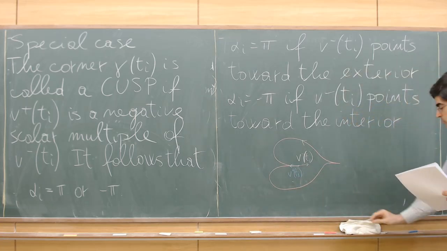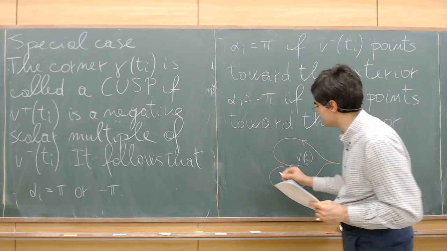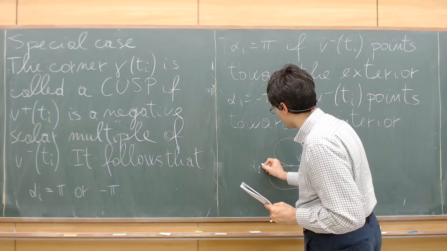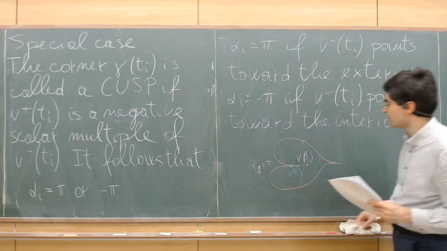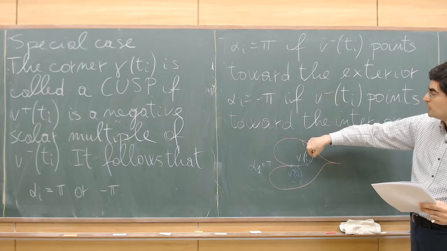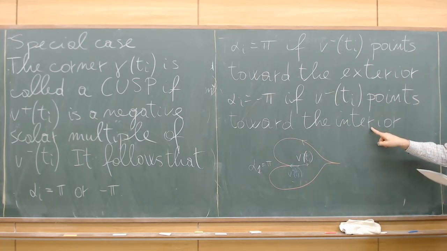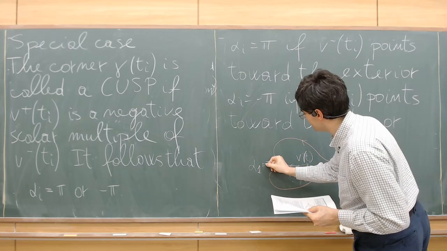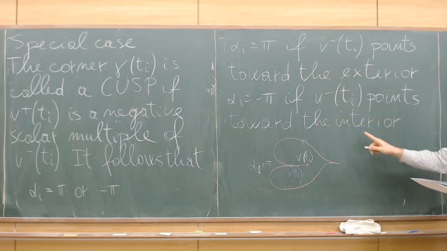So in this case alpha 1 is equal to minus pi, because V minus T1 points toward the interior, so we are in the second case.